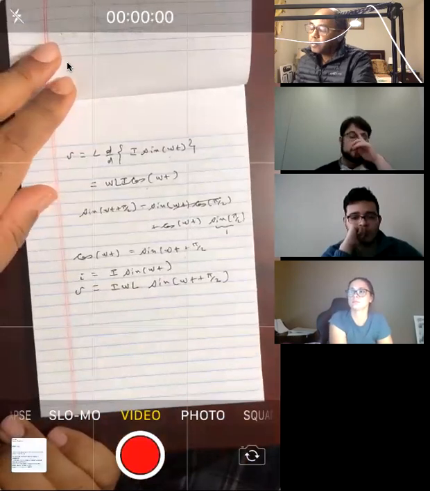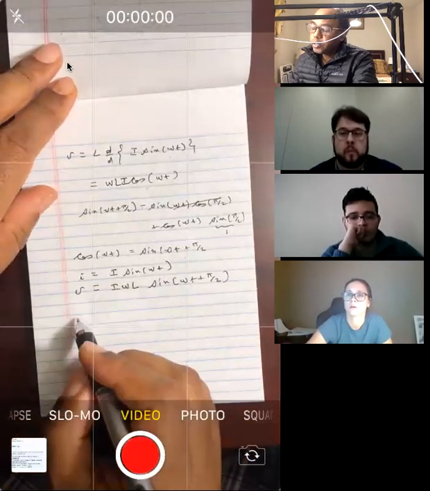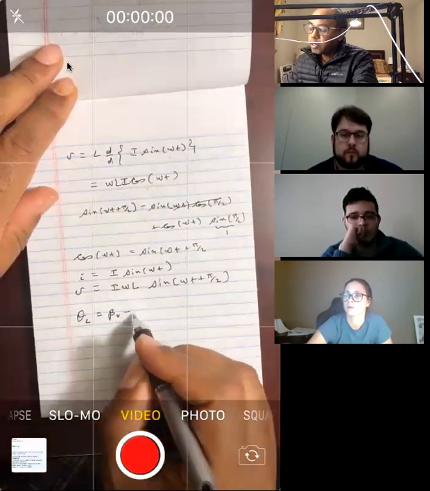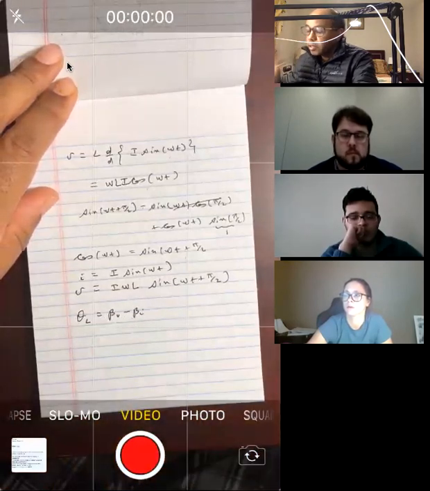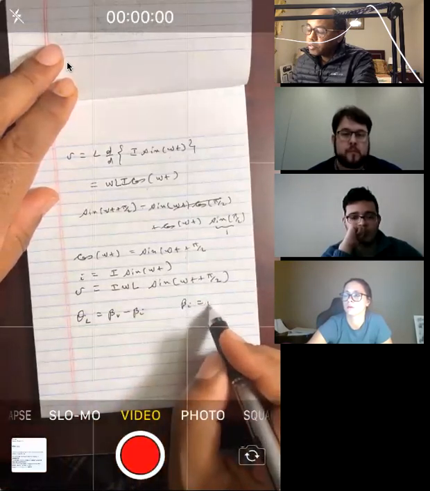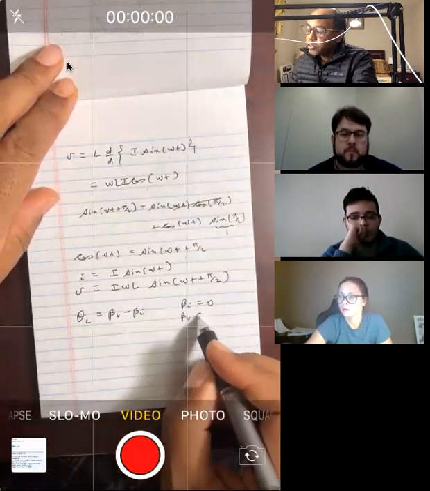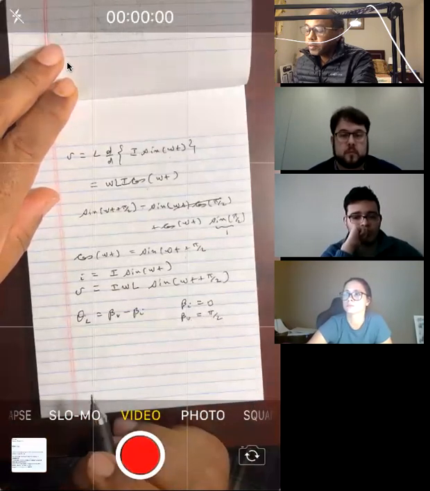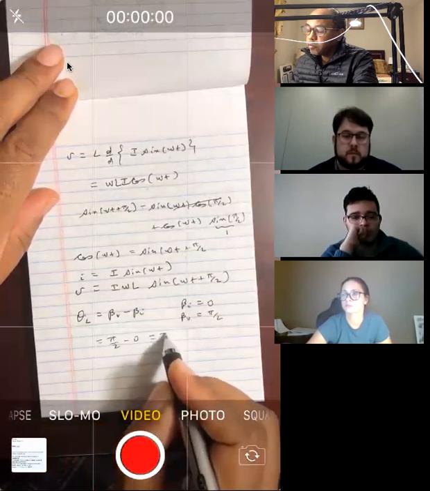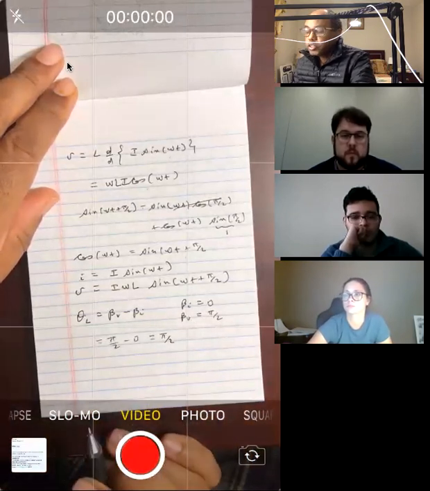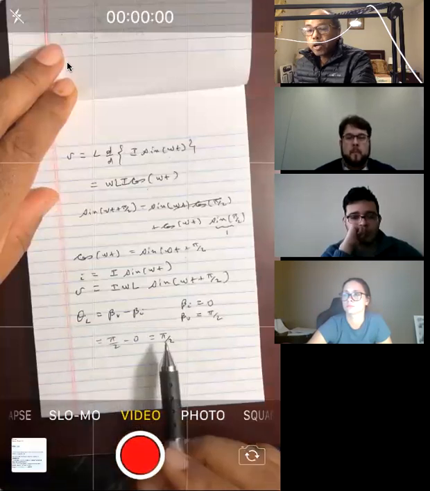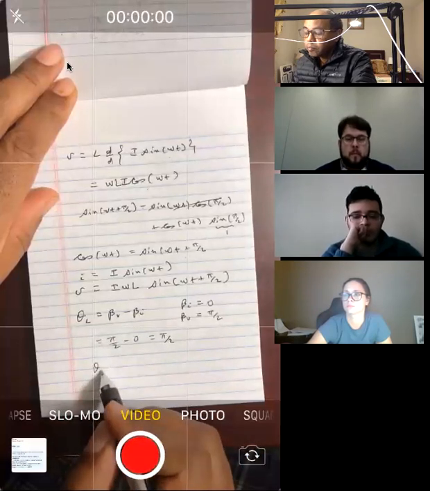Now what do you think is the phase shift? The phase shift for an inductor would be the phase angle of the voltage minus the phase angle of the current. As you can see from here, the phase angle for the current is 0, and the phase angle for the voltage is pi over 2. So this is pi over 2 minus 0, or pi over 2. So the phase shift of voltage with respect to current for an inductor is pi over 2.